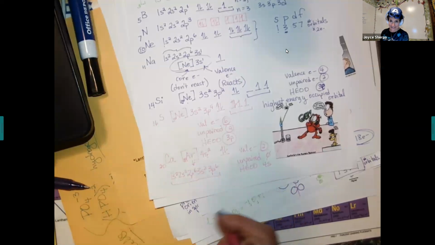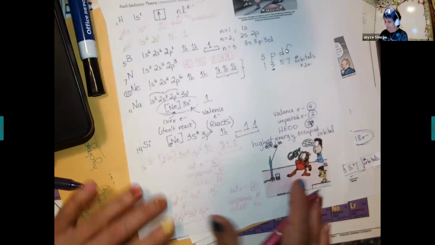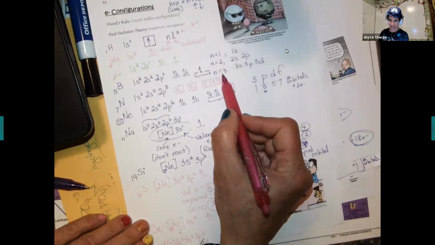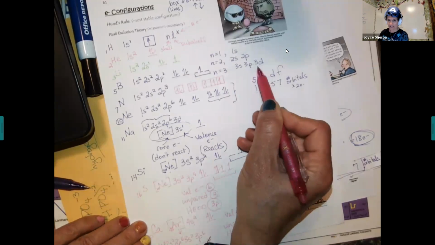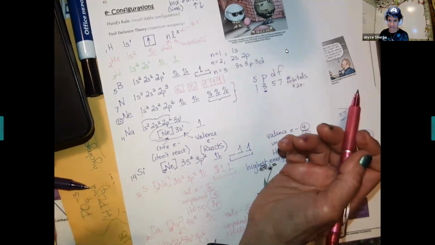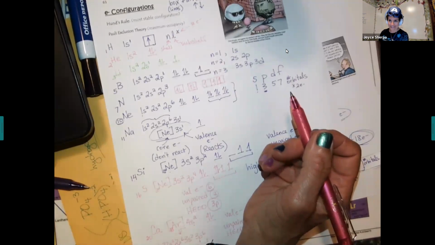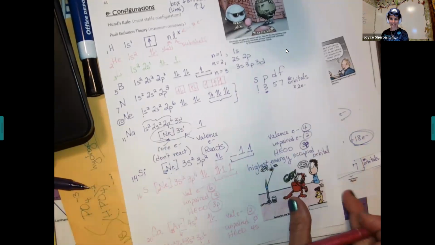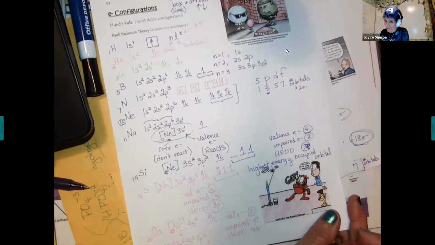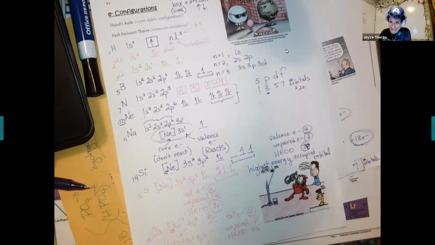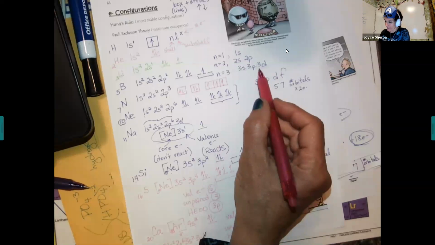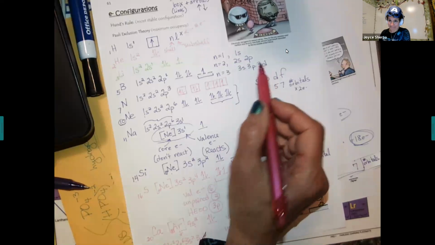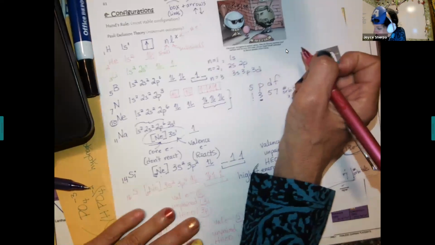And the reason I'm asking this question is when n equals 3, what happens to the 3d? I left it out. And it has to do with 2 things that determine the energy of that orbital, the n number and the L number. So let's do the math.